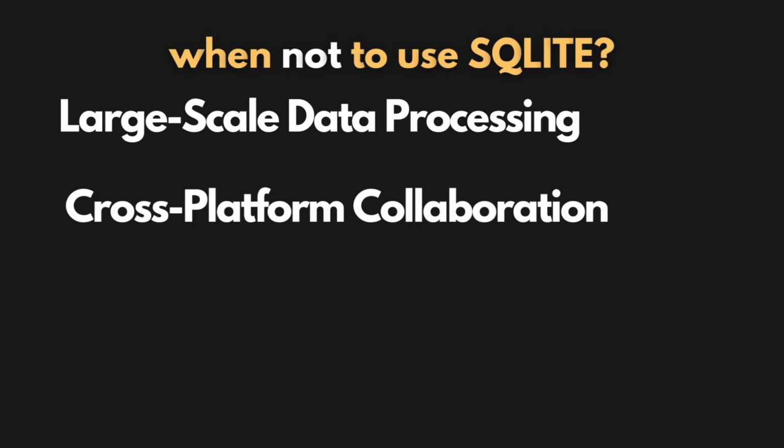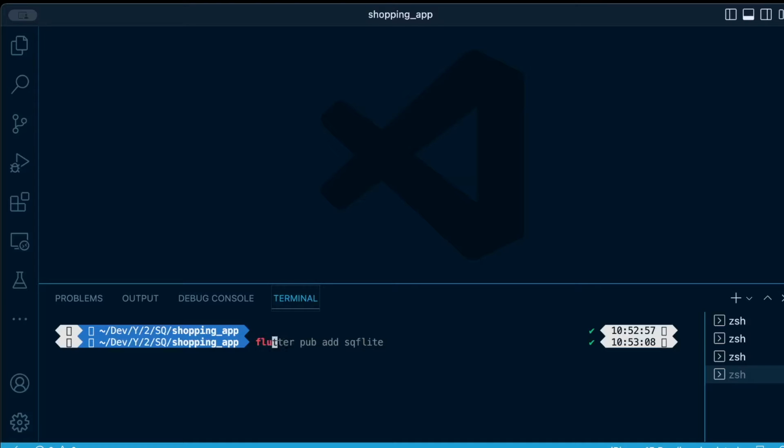So now let's proceed to set up SQLite in our Flutter application. Let's create a new Flutter application by running the command flutter create shopping_app.